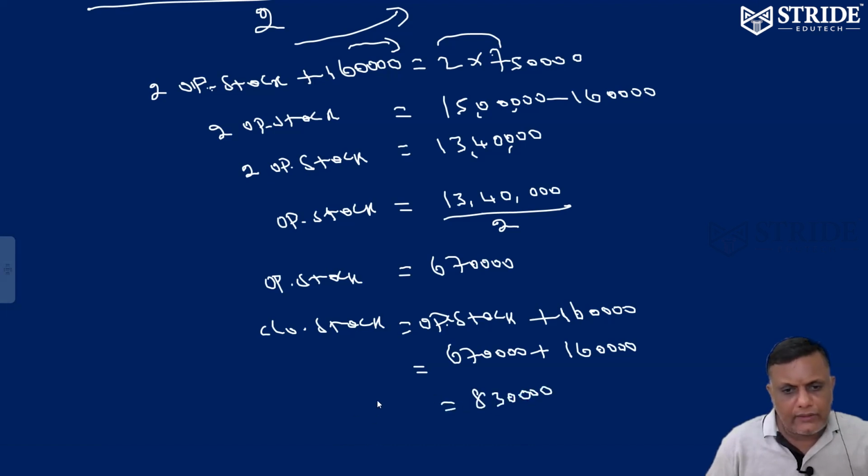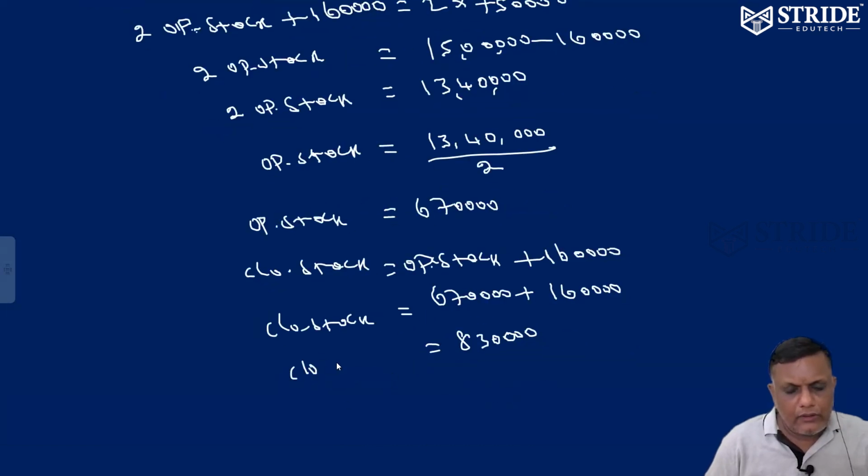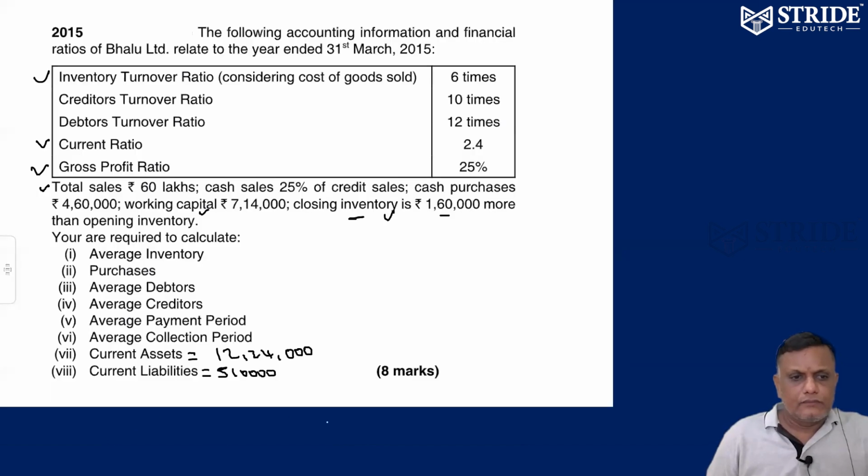So 8,30,000 is the closing stock. So closing stock is known.